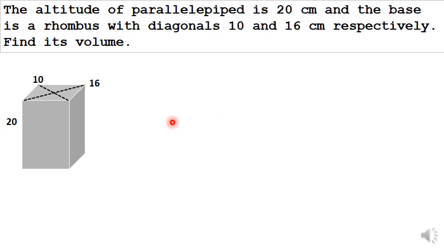Now, to compute the volume of this solid, we simply compute the cross-sectional area and multiply it by the altitude or the height. To compute the area first, since the base of this solid is a rhombus, the area may be computed using the diagonals: 1/2 of the smaller times the bigger diagonal, times the sine of the angle between them.